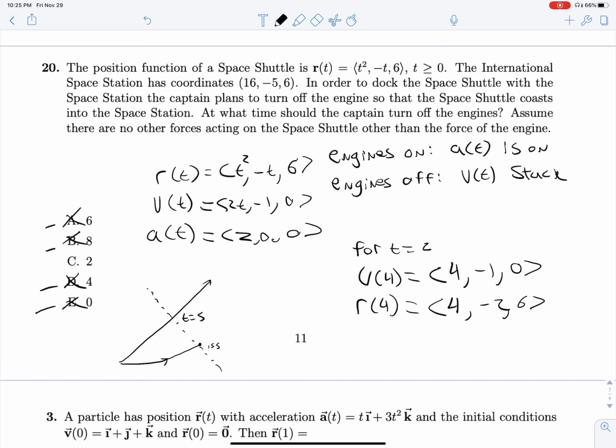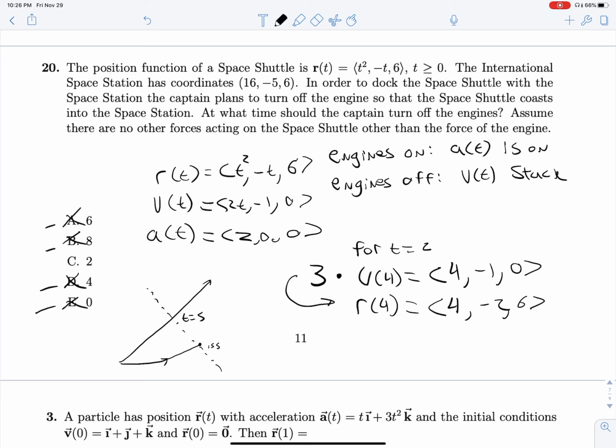When we cut our engines, this velocity is going to stay the same. I'm sure there's a way we can do it mathematically, but we're just going to manually work through the last 3 seconds. If we do 3 seconds more at this velocity, all we have to do is multiply this velocity by our delta t, which is 3 seconds, and add it to our position.